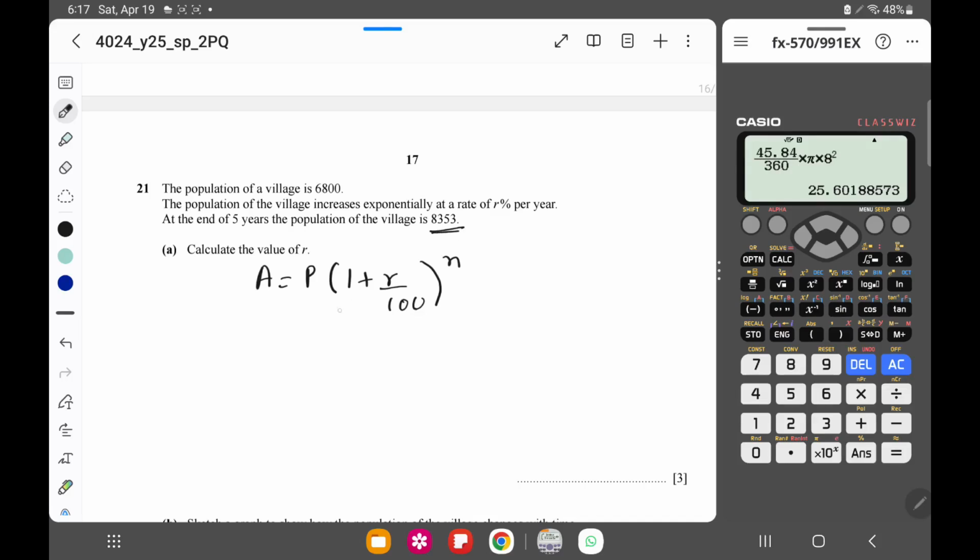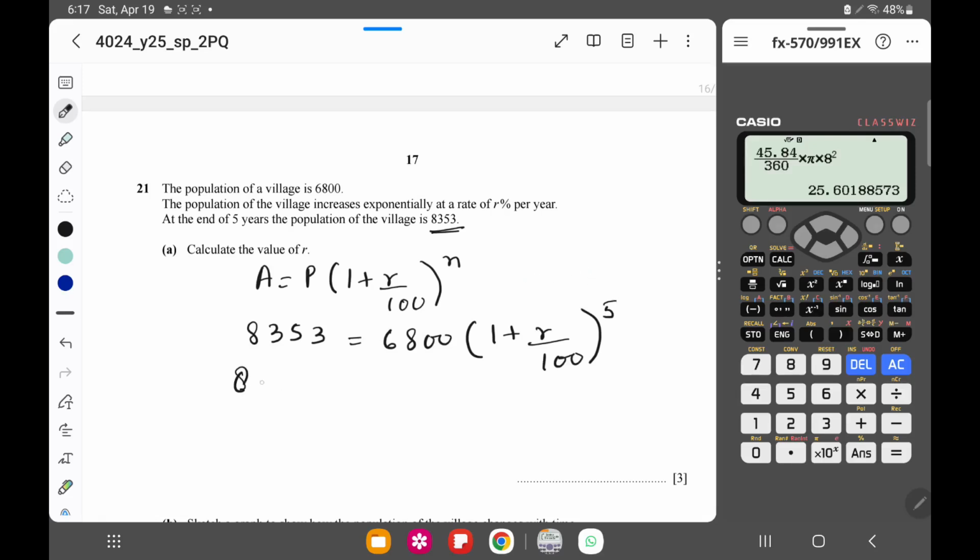So amount becomes the number of the people after increase in the population, which is 8,353. Previously it was 6,800. And the rate is not given and the time is given, 5 years.